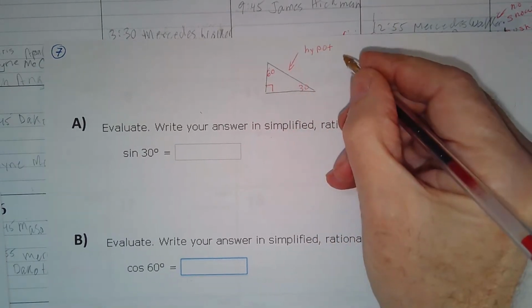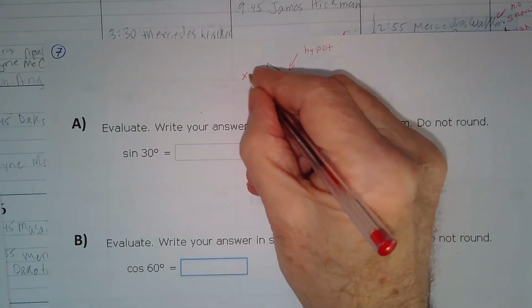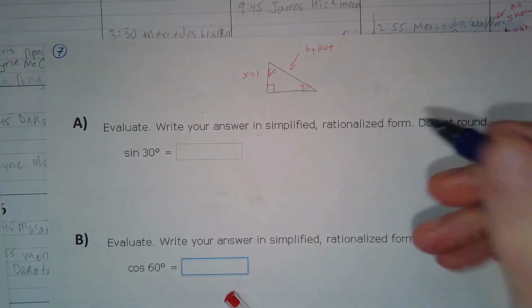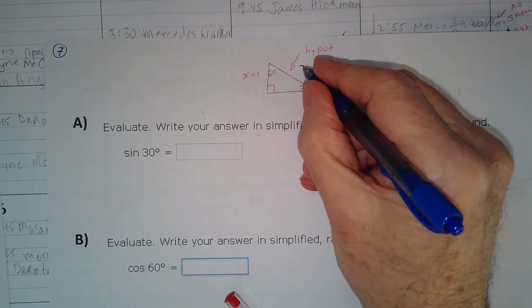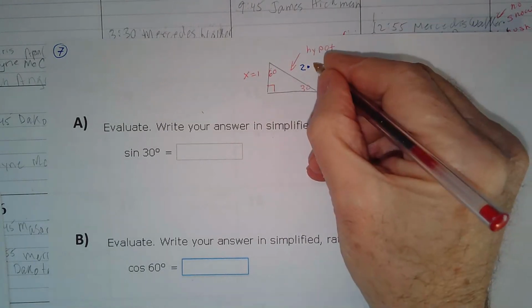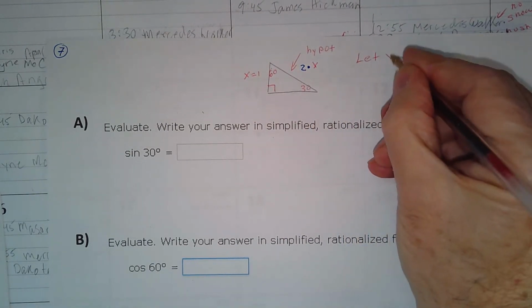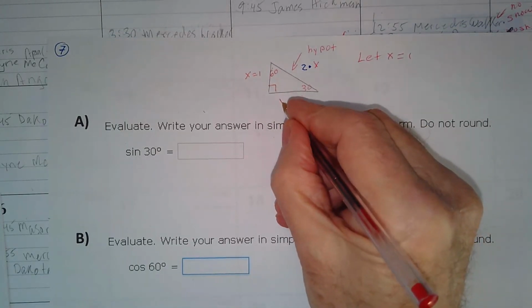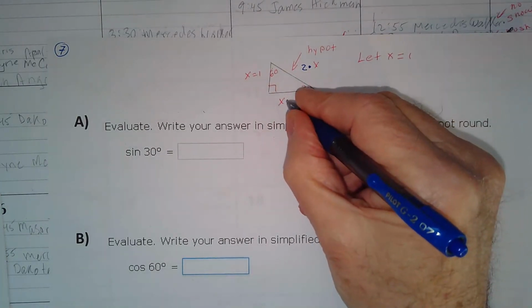Okay. And if you remember, we said that x is going to equal 1. Right? And then the hypotenuse side is 2 times x. And we're going to let x equal 1, as we said. And we said that the long leg is x times the square root of 3.